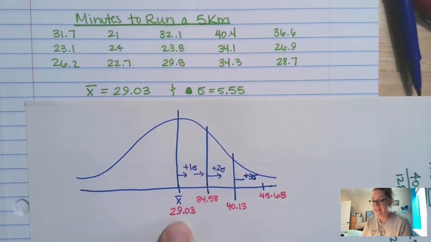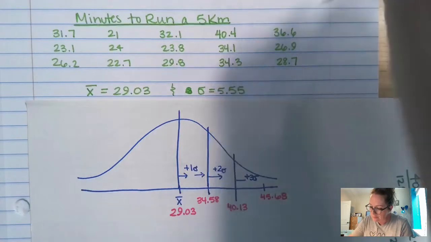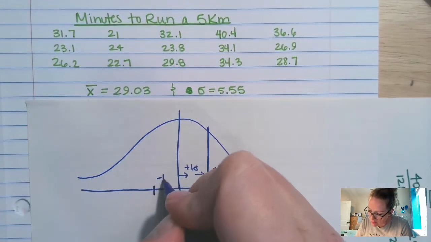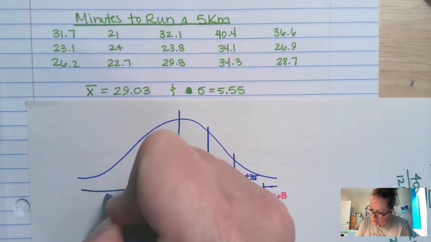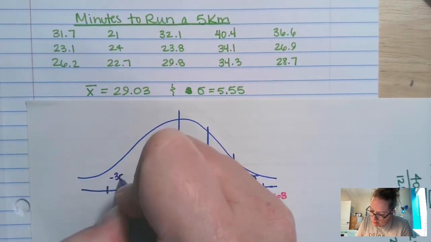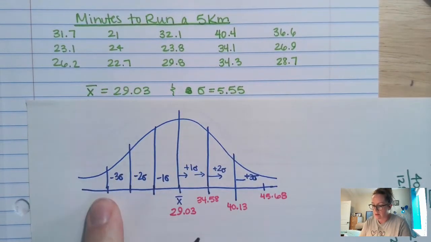45.68. Okay, same thing. We're going to subtract a standard deviation, subtract a standard deviation, subtract another standard deviation. So 29.03 minus, so I need 1 sigma, 2, oh, that's not rho, sorry, that's sigma, and then 3, okay? So that's all we're going to do on this one.